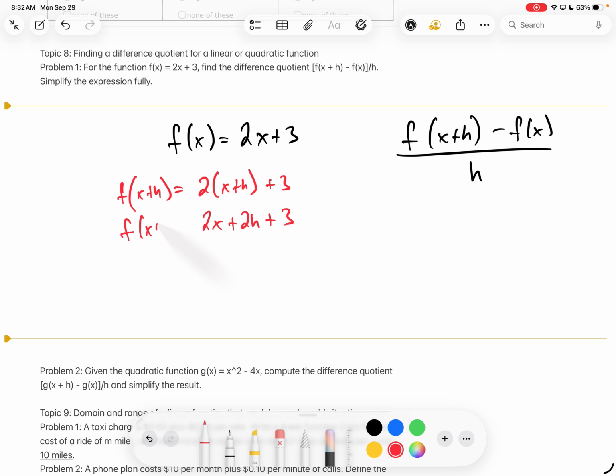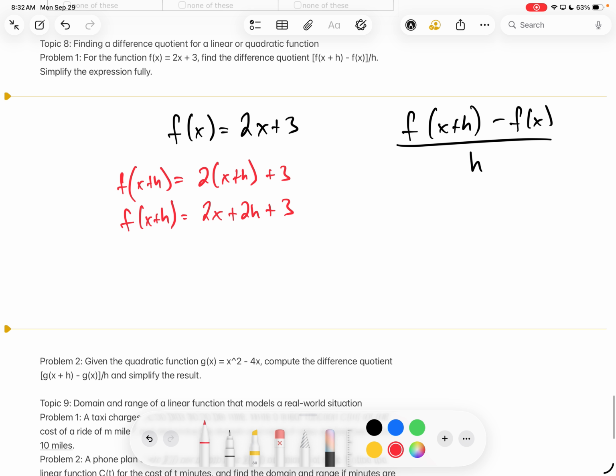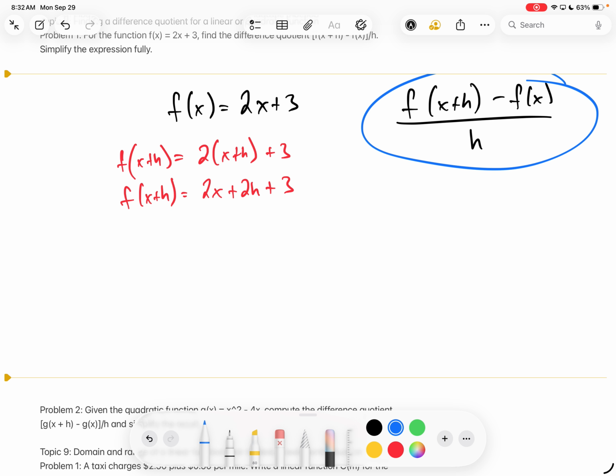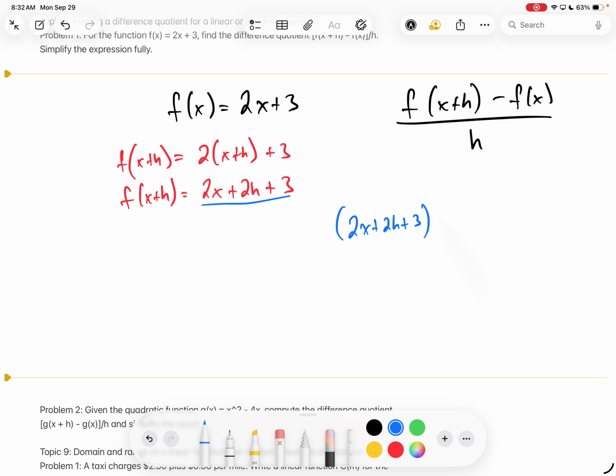So when I plug in an x plus h, I get out 2x plus 2h plus 3. I believe that's all we have to find right there. Now if I plug it into this big formula, I do f of x plus h, which is all of this, right? That's that. Minus f of x, well, that's just the original, divided by h.